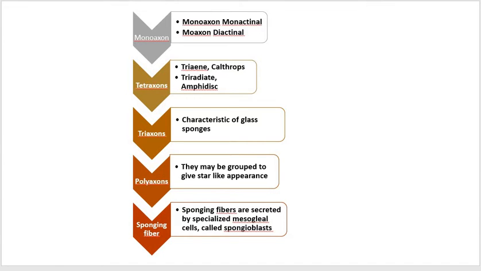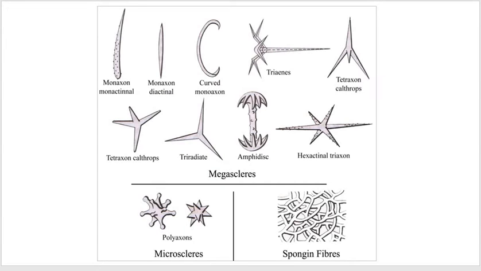Before that, you can focus on the diagram once again. Here you can see the monoaxon or monoactinal spicule. In such a monoaxon spicule, the growth of the spicule is along a single axis. Monoaxon spicules may be straight or curved.